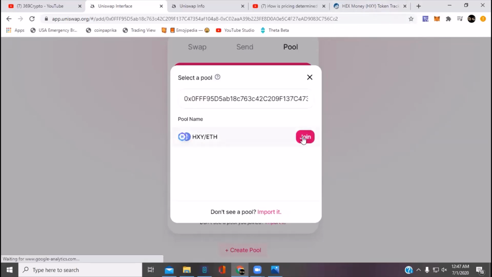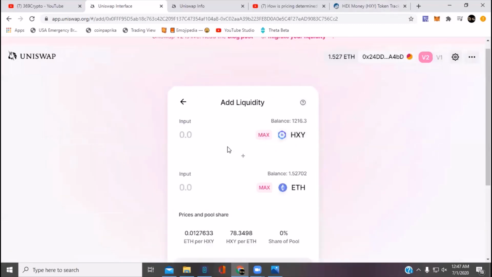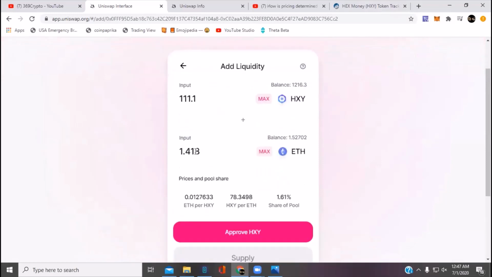So I'm going to join this pool. Just, why not? So available balance, a lot of that is frozen Hexy, but at this time I want to add 111.1, another great looking number, into this pool. Right now, that's going to match up to 1.418 Ethereum, of which I can cover that.